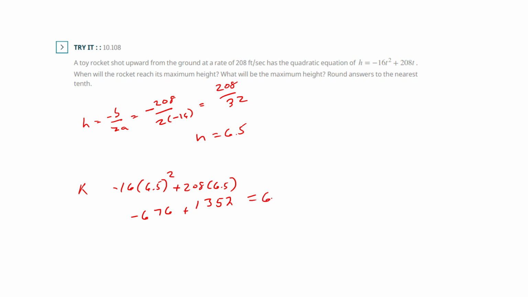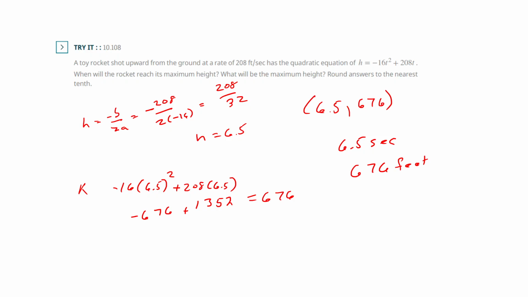And we get 676. Okay, so I've got the value of the vertex at 6.5, 676. Now in the context of a word problem, that means the time to get to the highest point is 6.5 seconds, and that height is 676 feet.